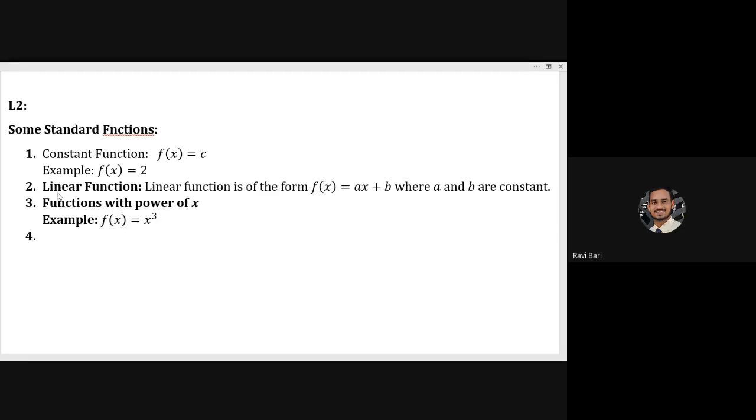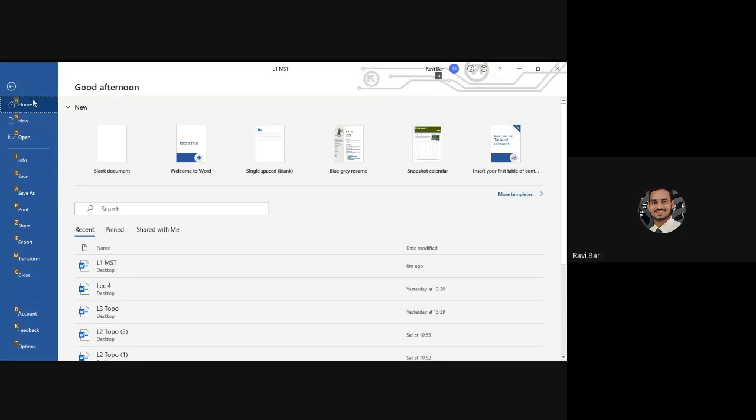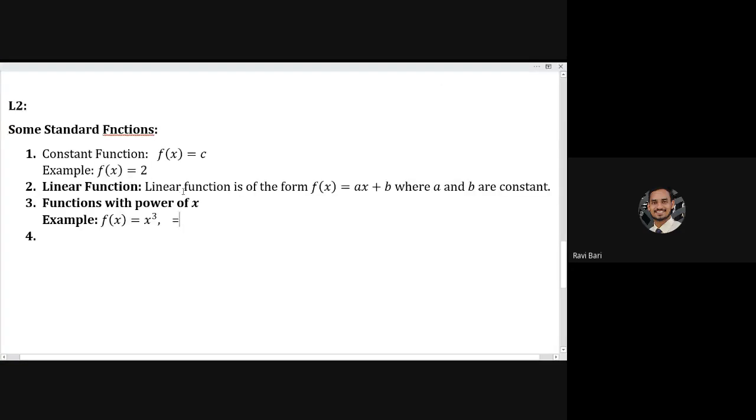So here x has some power. So this is one example. Another example is f of x is equal to x raised to say 15. So this is another example of a function with power of x.